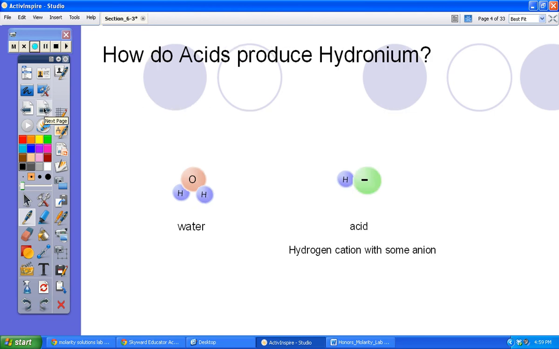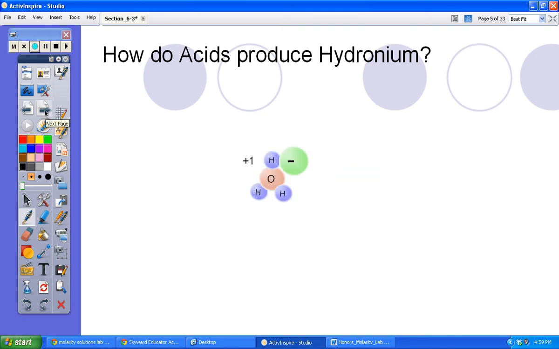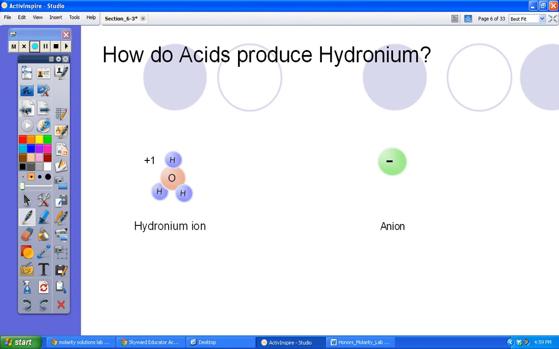So how do acids produce hydronium? Well, with this acid here, this is going to come over to the water molecule. It's going to interact here, and what happens is these parts split off here, just like we normally would for an ionic salt. And so if you think about how an ionic salt dissolves in water, this is a positive ion, and so what's surrounding it is the negative portion of a water molecule.